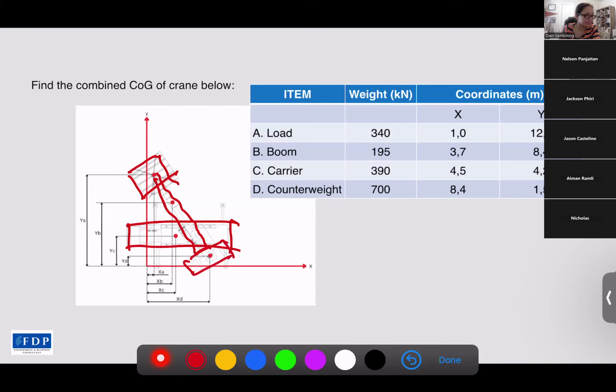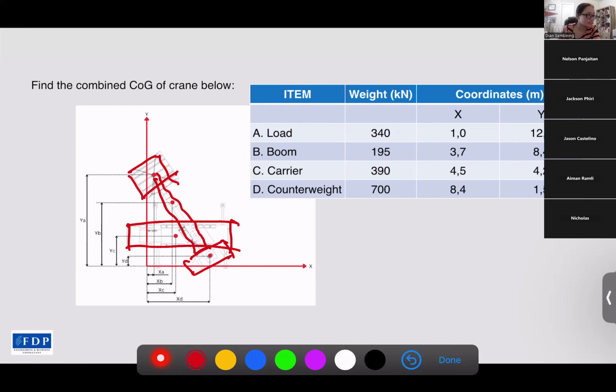So the COG of each item, the load, boom, carrier, and counterweight, is in the table as you see in X and Y, and the weight of each item is also in the table. You only need to combine them by using the formula as we got yesterday.